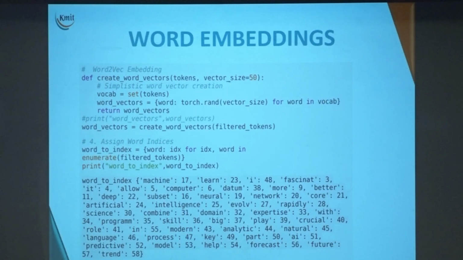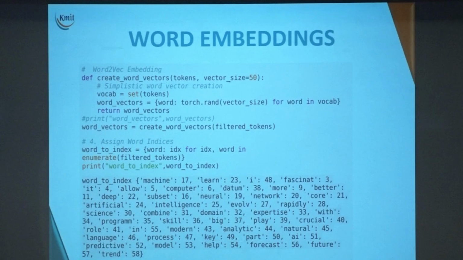So what I am doing here is randomly initializing vectors for my words. Can you see? Word vectors is equal to, for each word, torch.rand of word vector size. So a random vector is generated using the rand method, with the dimension that you have chosen as its parameter. Here I have chosen 50.